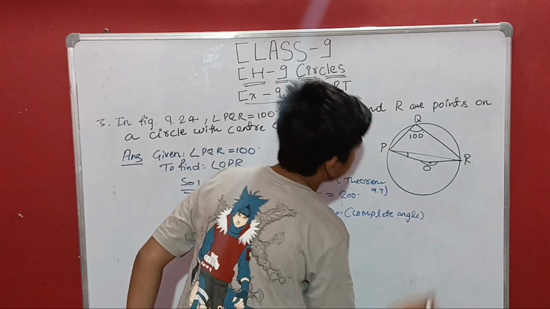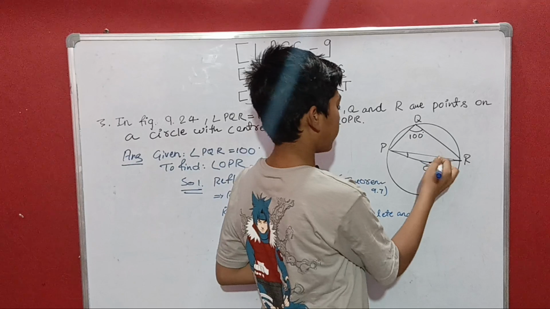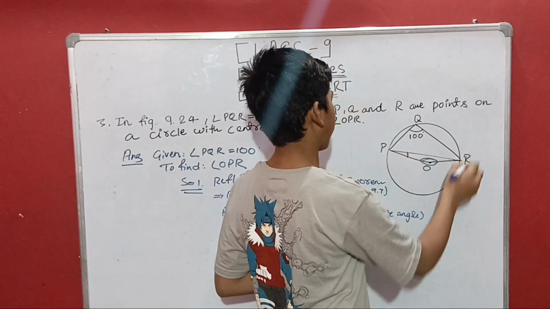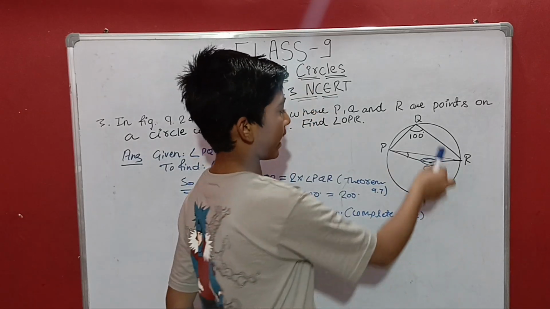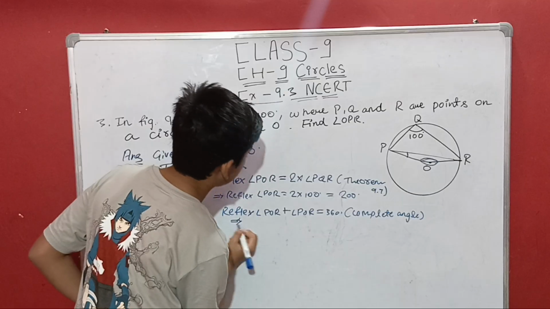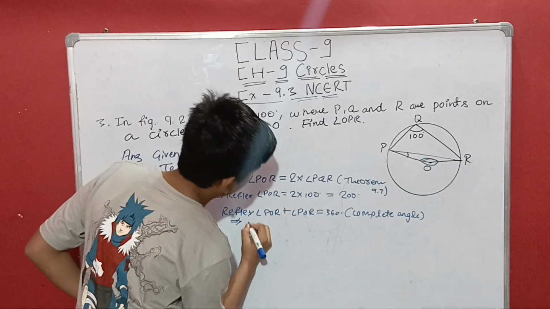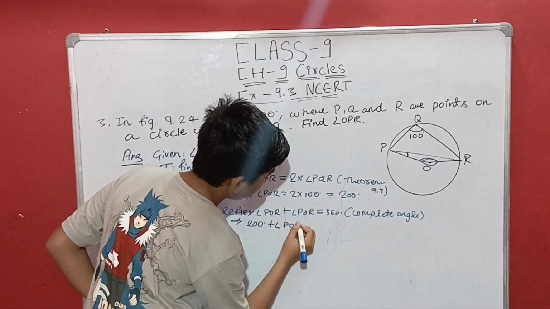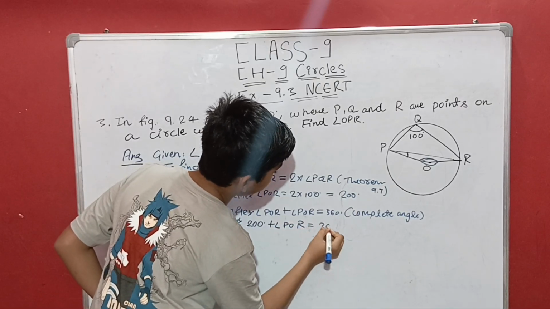Here we know that angle POR plus reflex angle POR form a complete angle, and a complete angle is equal to 360 degrees. So reflex angle POR, which is 200 degrees, plus angle POR is equal to 360 degrees.